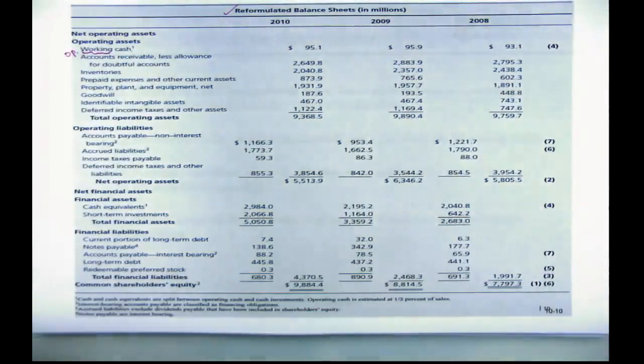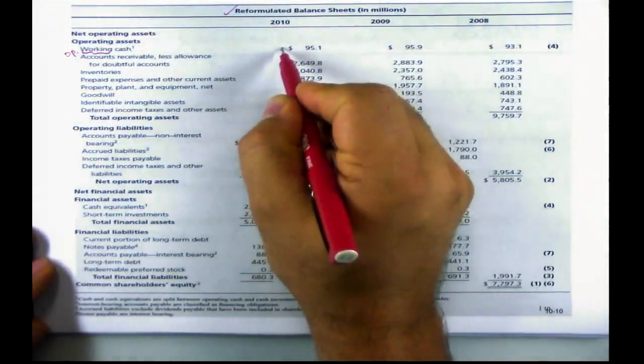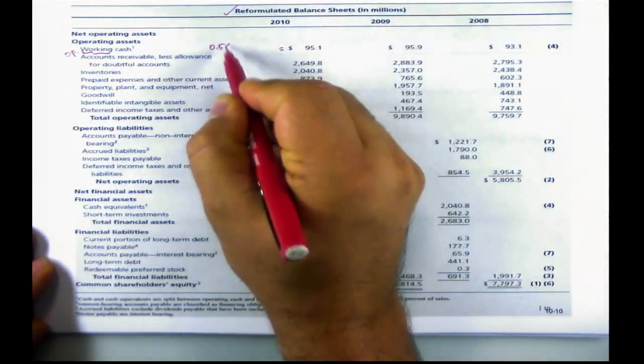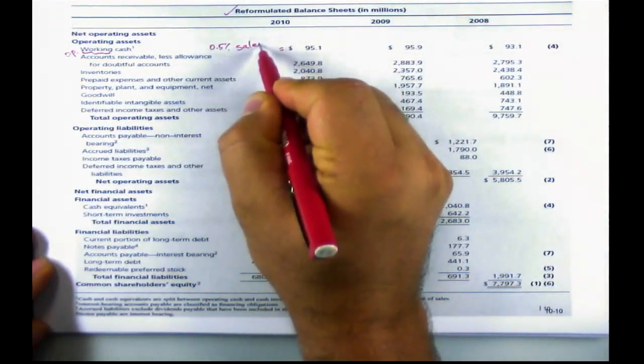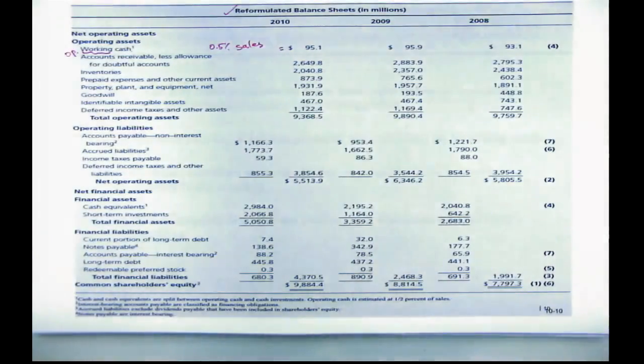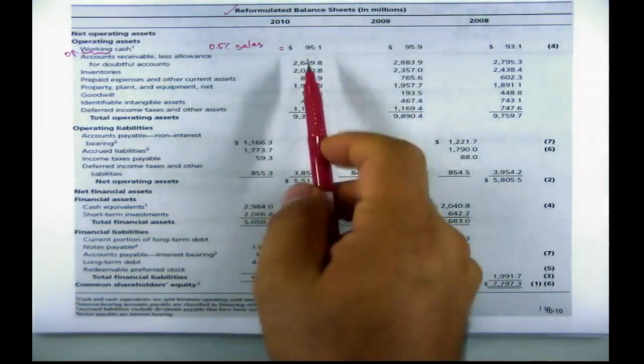Sometimes it is called working cash and sometimes operating cash. Both are the same. This operating cash was calculated as 0.5% of sales. If you go to the income statement of Nike discussed in lecture 1, you will find the sales figure there. You multiply it by 0.5% and you will get this amount.